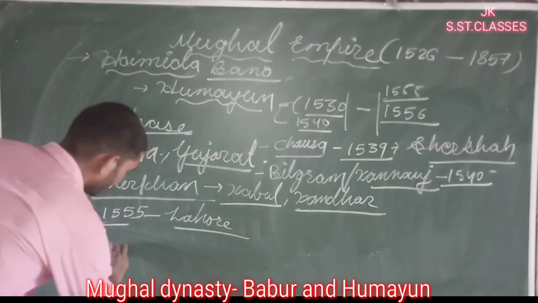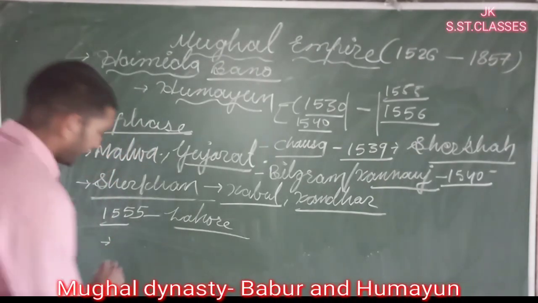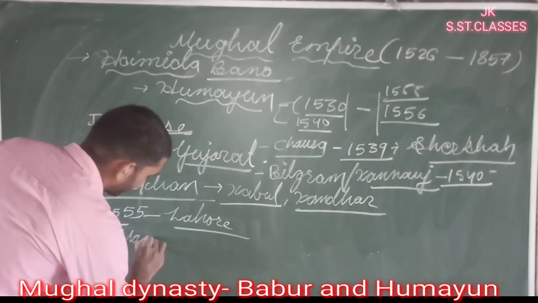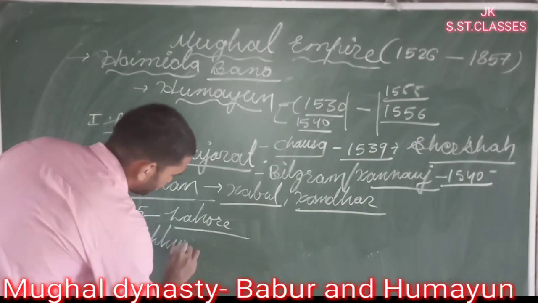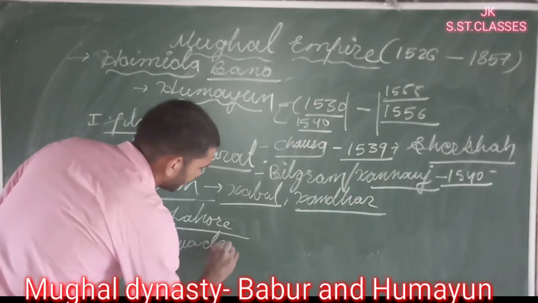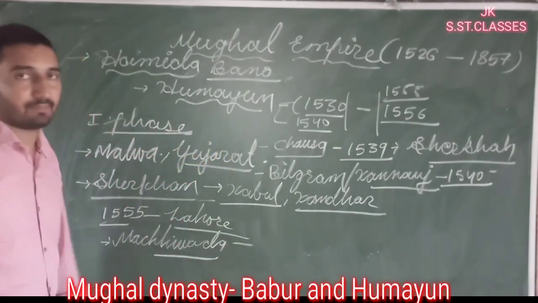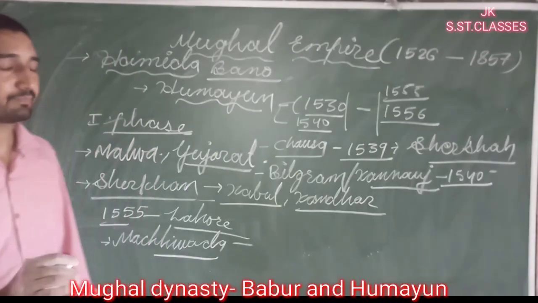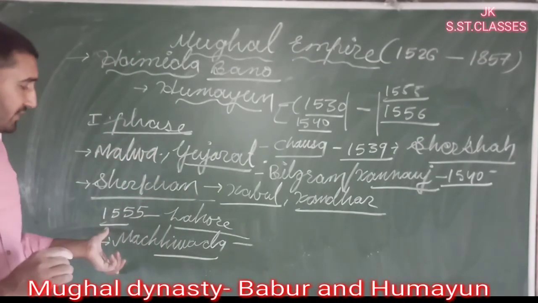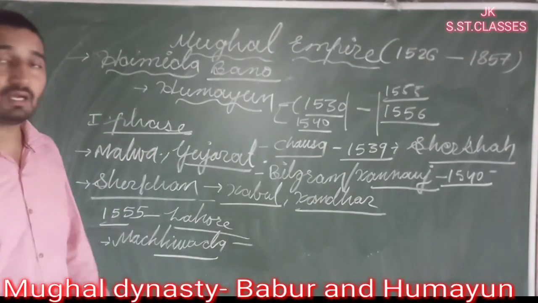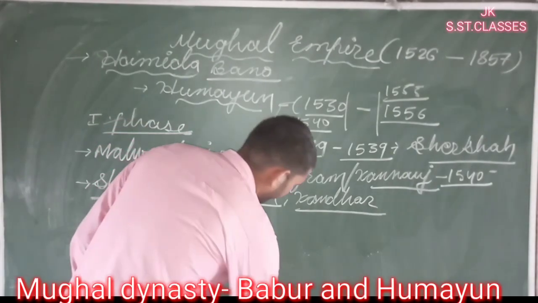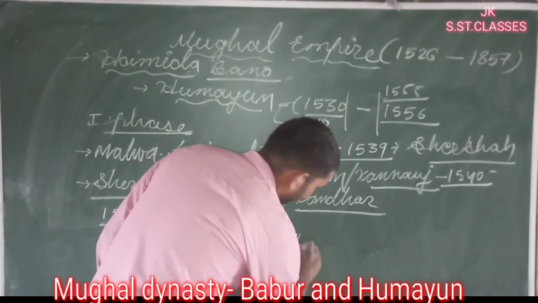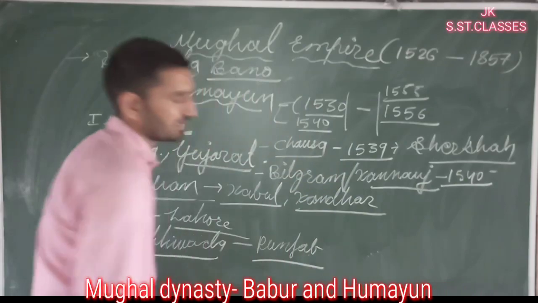Then he defeated Afghans in the Battle of Machhiwada. Here he defeated Afghan leaders, and in this way he occupied the region of Punjab.